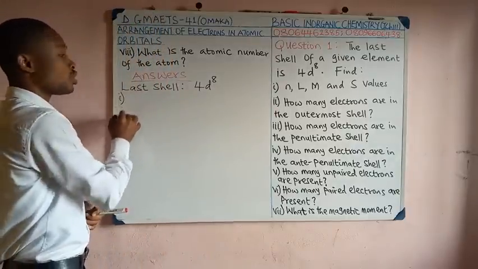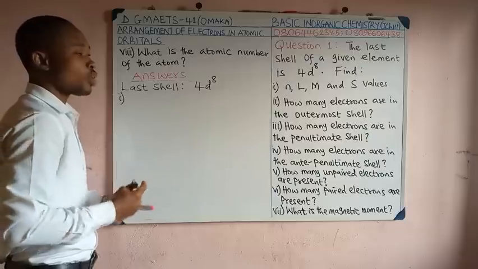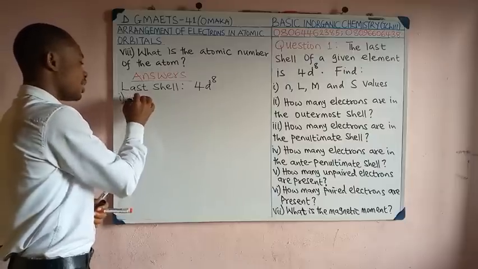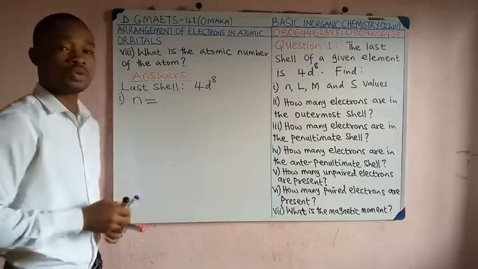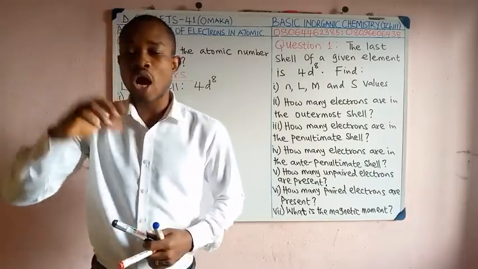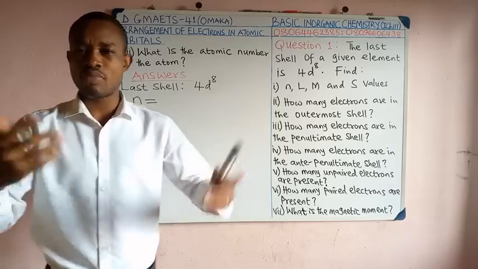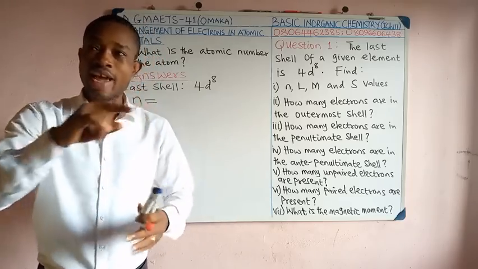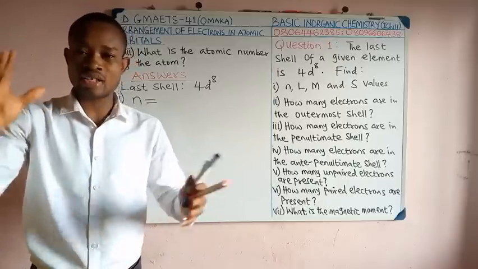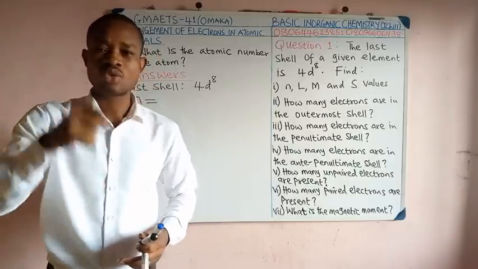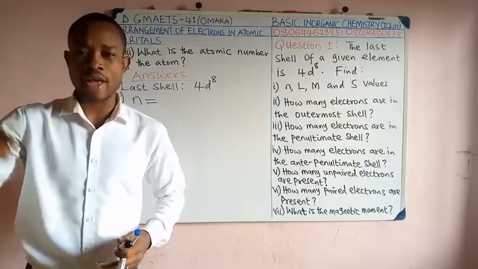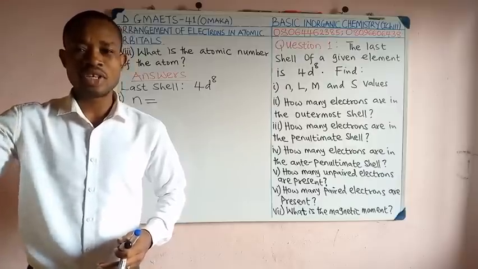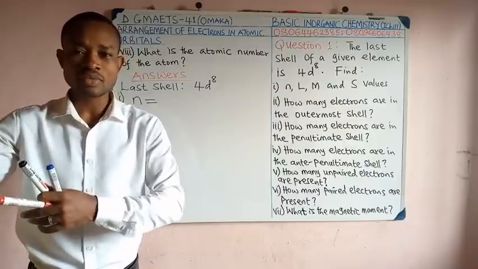The first part of the question, we have to calculate the quantum numbers. We'll start with n. n is equal to... Now, let's quickly take our mind back to the Aufbau principle, the building block principle. You take note that we combine the principal quantum number n with the azimuthal quantum number l to generate 1s, 2s, 2p, 3s, 3p, 4s, 3d, and after 3d, you now have 4p in that order.